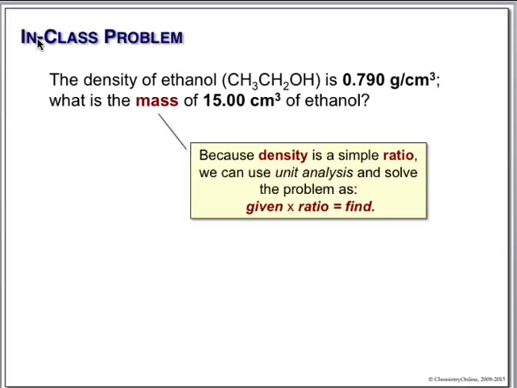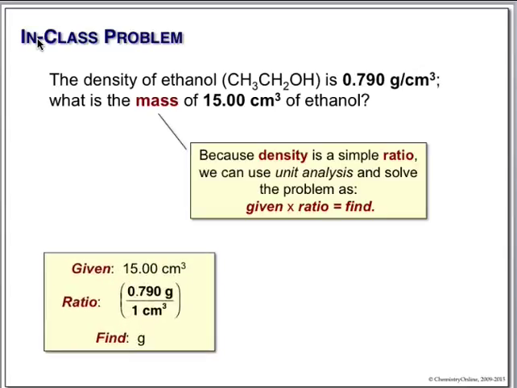What are we going to use for a ratio? The ratio is our density, mass over volume. That's a ratio, isn't it? Our given, 15 cubic centimeters. Our ratio, 0.79 grams in 1 centimeter. And of course, we're trying to find the mass. That's the number of grams.